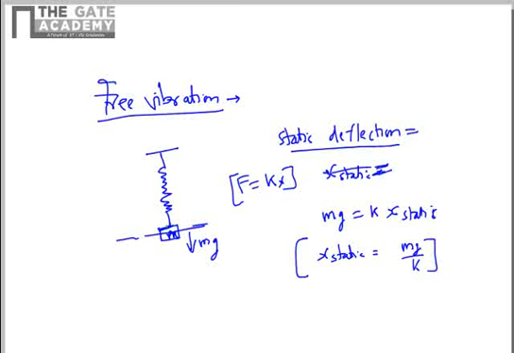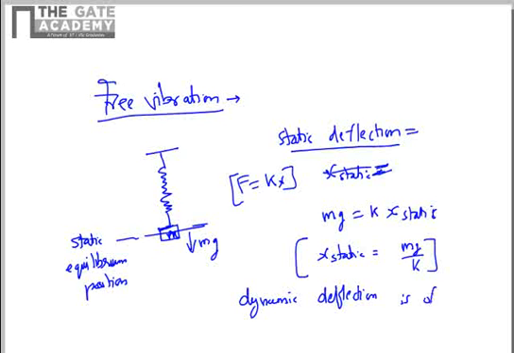However, for our derivation, the static deflection will not matter. We will just consider a static equilibrium position and will consider the displacement with respect to that static equilibrium position. So for us, the dynamic displacement, the dynamic deflection, is of importance for vibration.